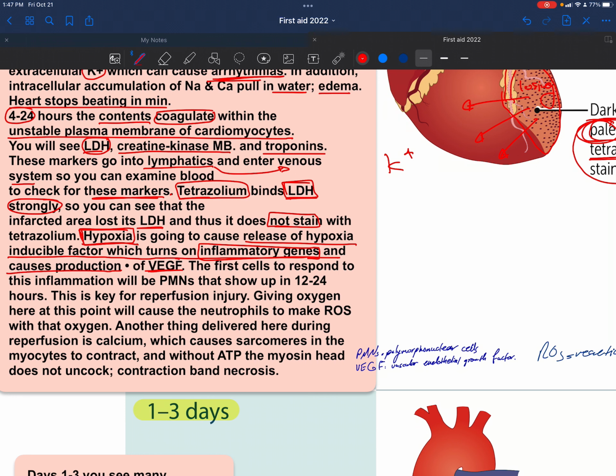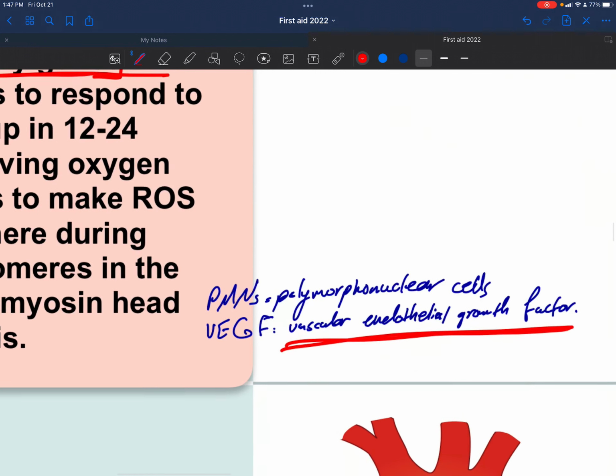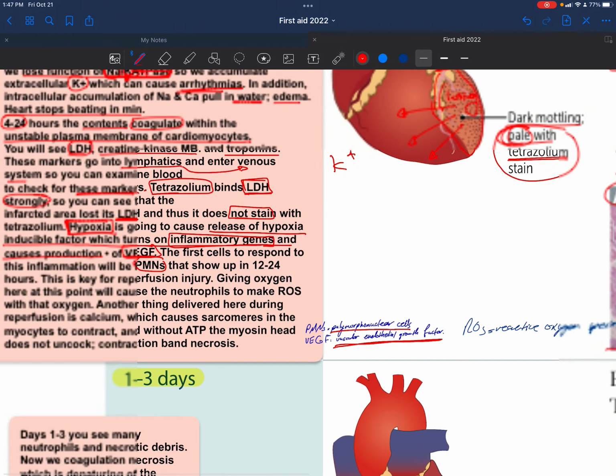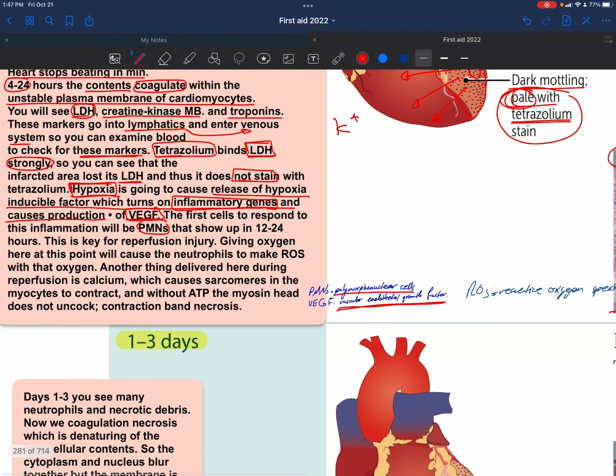The first cells to respond to the start of inflammation will be the PMNs, the polymorphonuclear cells, which are the first to show up in the 12 to 24 hours.